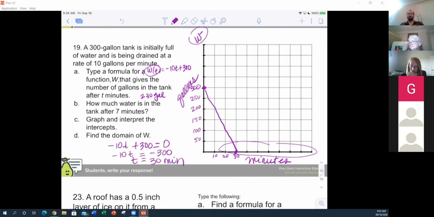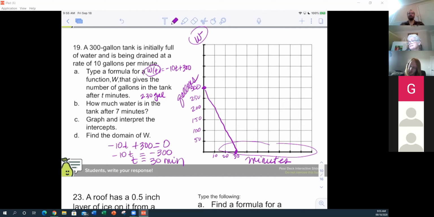What's the domain? For the domain, I put negative infinity to... Okay, so the domain, we're talking about time, right? And time always has to be what? Real numbers. Yeah, but can it ever be negative? I mean, unless you're in Back to the Future or something. Ish, but no. So where does the time start in this?